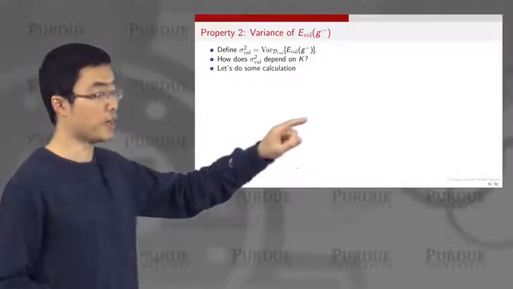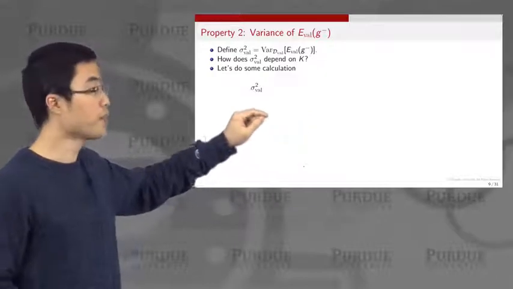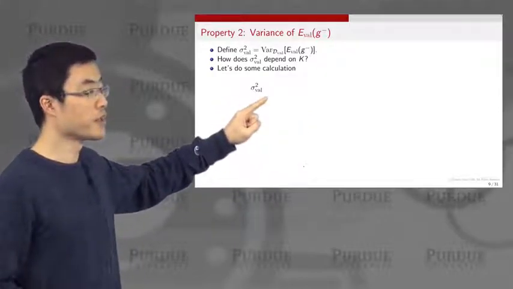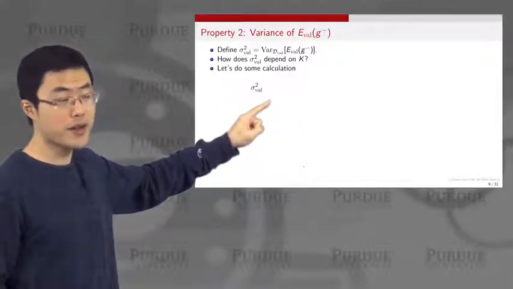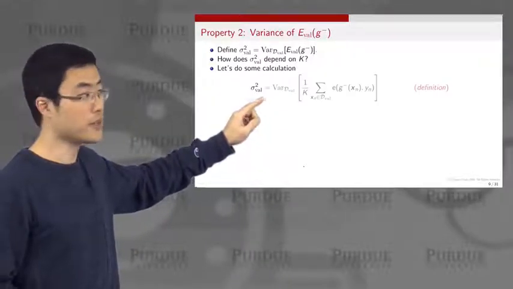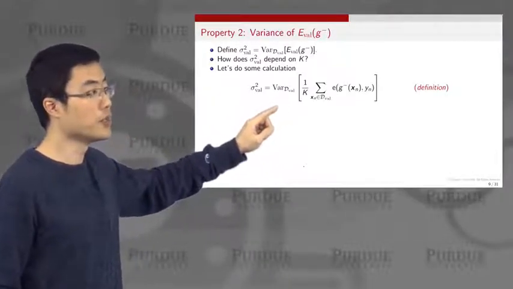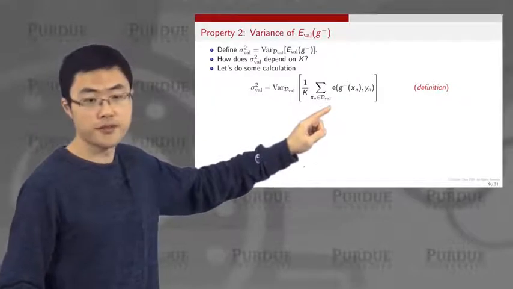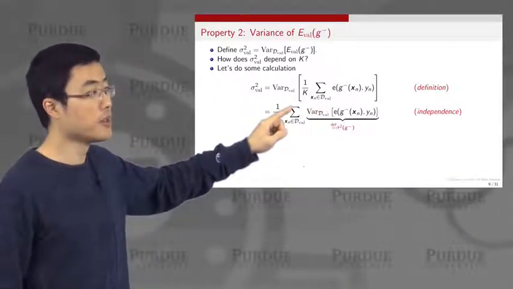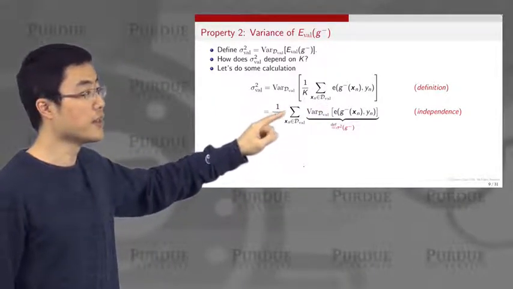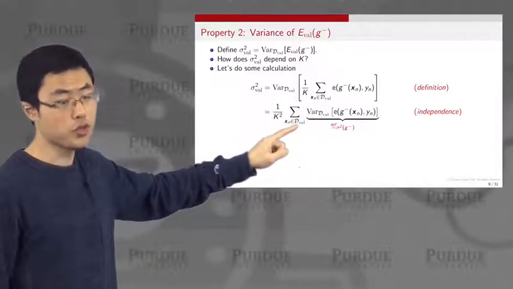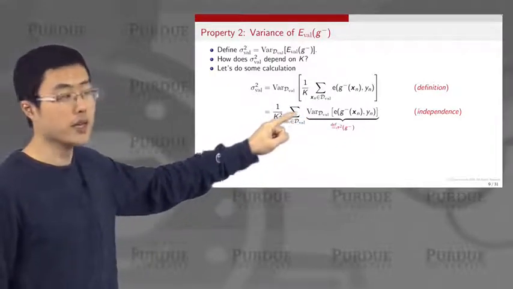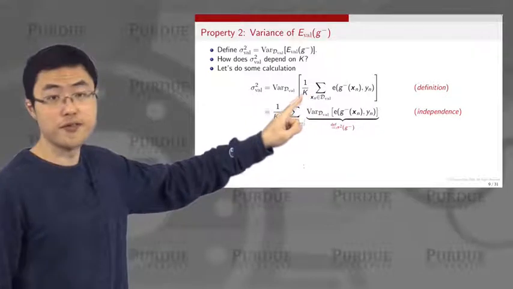So let's do some calculation. Let's start with this sigma square of validation. So this is the variance of the validation. You can put in the definition of this validation error. And then by linearity and also the independence of all the samples, you can show that it is just 1 over K squared, because you're taking the variance.